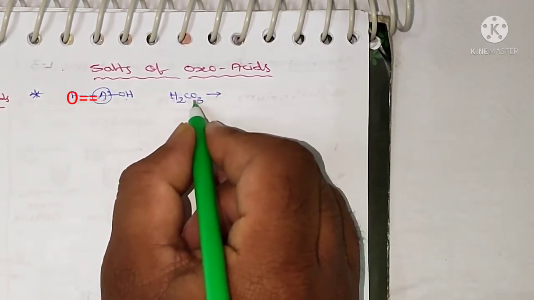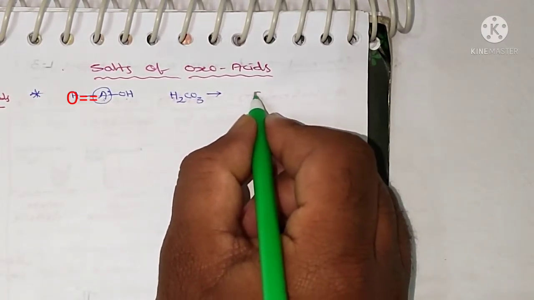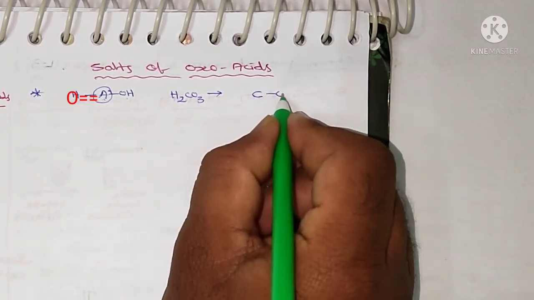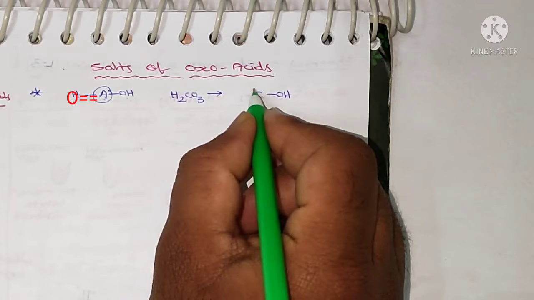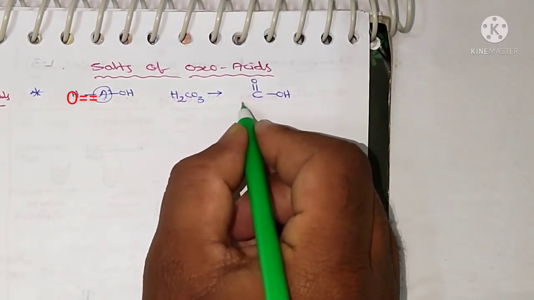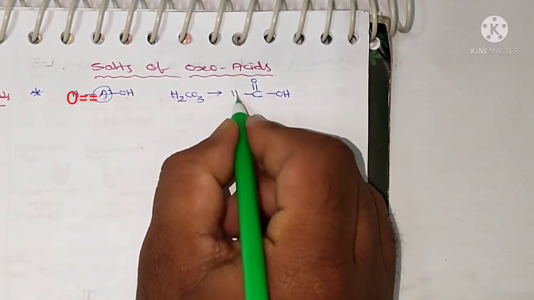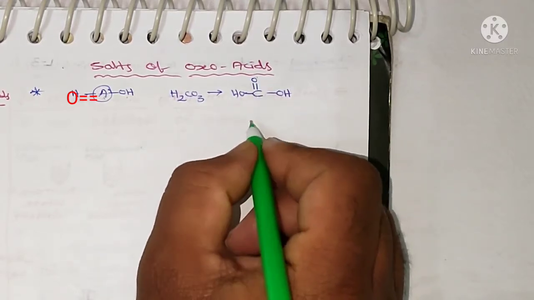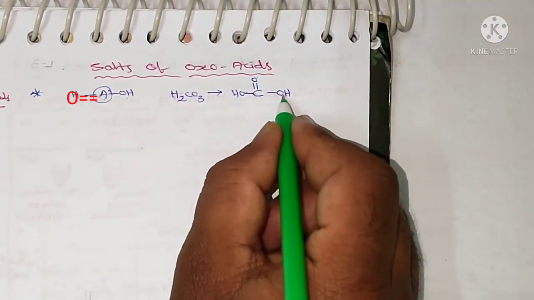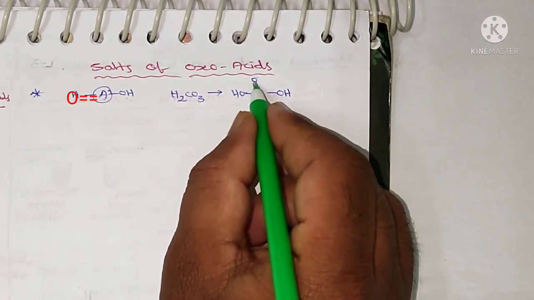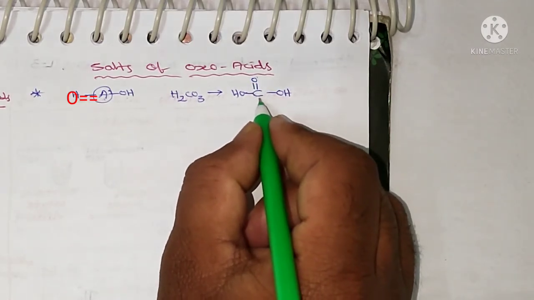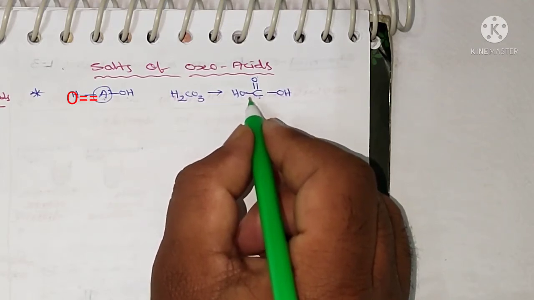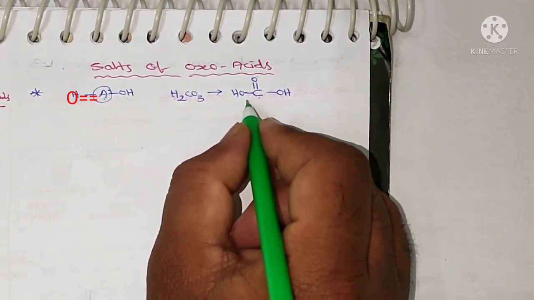In this carbonic acid, there is a center atom carbon, and to this atom there is an OH group, and here a double bond O, and this side OH. So in H2CO3, the OH group and the oxygen group are directly attached to the same atom, so that's why it is called an oxo acid. Carbonic acid is an oxo acid.